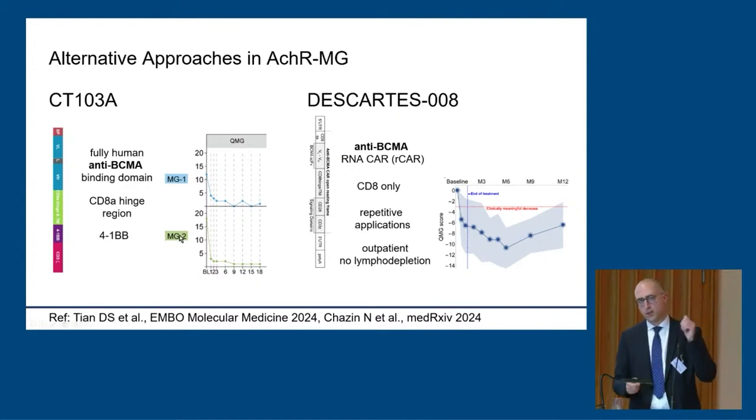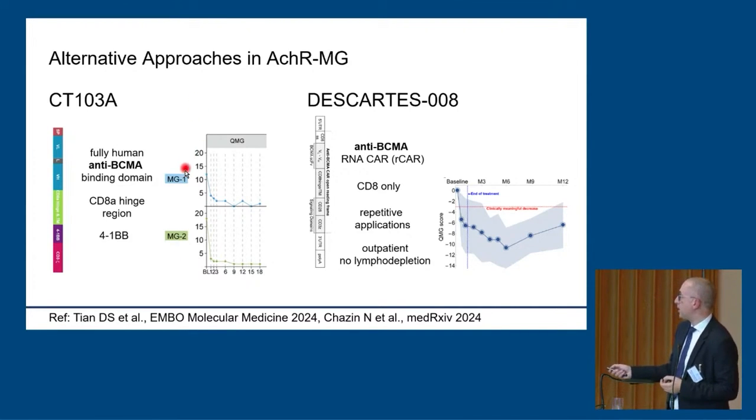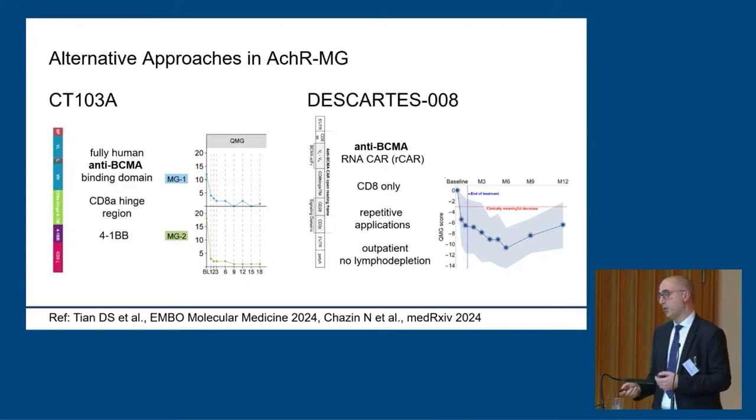Here you target the memory B cell, the plasmablast, and the plasma cell, not the earlier forms. It's actually a single patient, with AChR-positive MG as in our case, which shows a nice decline of the clinical activity of the disease, and at the same time a nice depletion of the pathogenic antibodies.